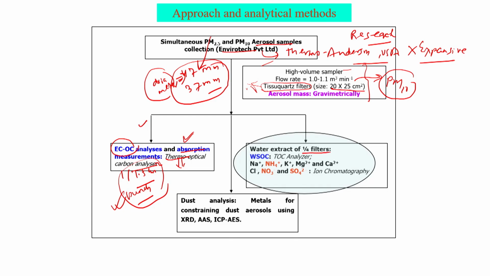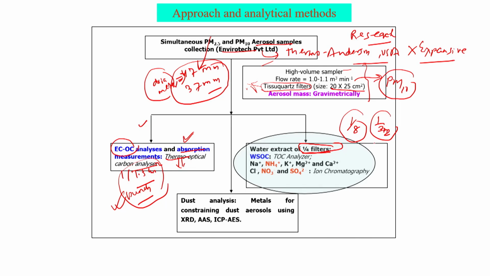Usually we take a quarter filter of the samples, for example either 20 cross 25. If you want, you can use one-eighth as well, or if you want to analyze only one-thirty-second, you can use denominations of 2, 4, 8.